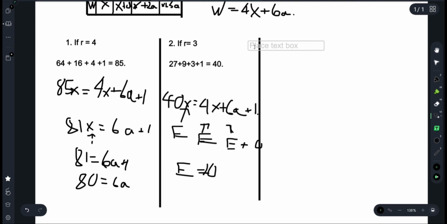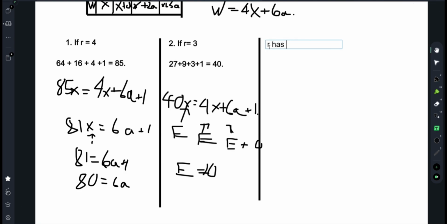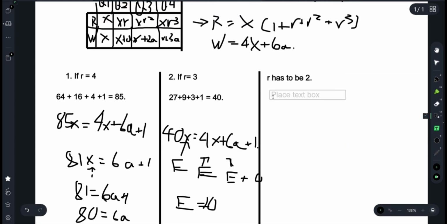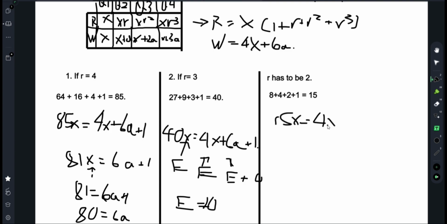Now lastly, R has to be 2. Since R is 2, we get 8 plus 4 plus 2 plus 1, which is 15. So then we equate them, and 15x is equal to 4x plus 6a plus 1.